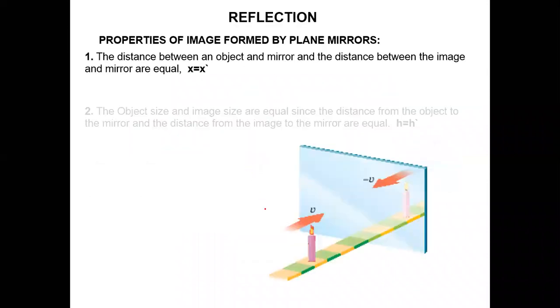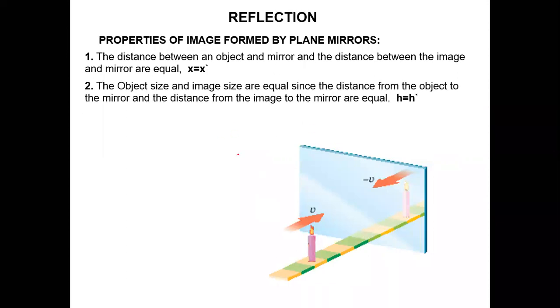So what are the properties of the plane mirror? First of all, the distance between the object and the mirror image are going to be equal. Again, if it's 2 meters here, it's going to be 2 meters behind the mirror. The object size and the image size are going to be equal.